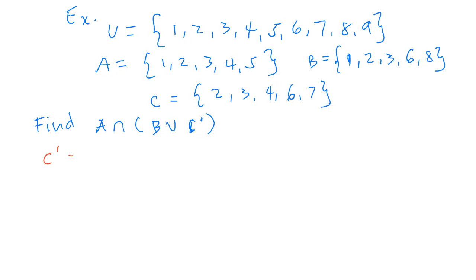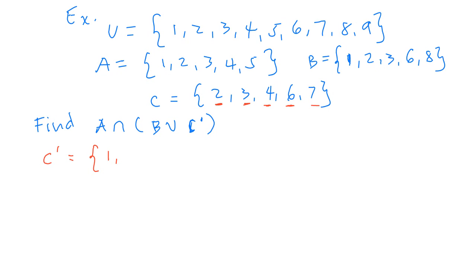C naught is equal to, actually the answer would be looking at your U. Your C has a 2, but you don't have a 1, so 1 goes here for C naught. And then we have a 3, and we have a 4, and we have a 6.